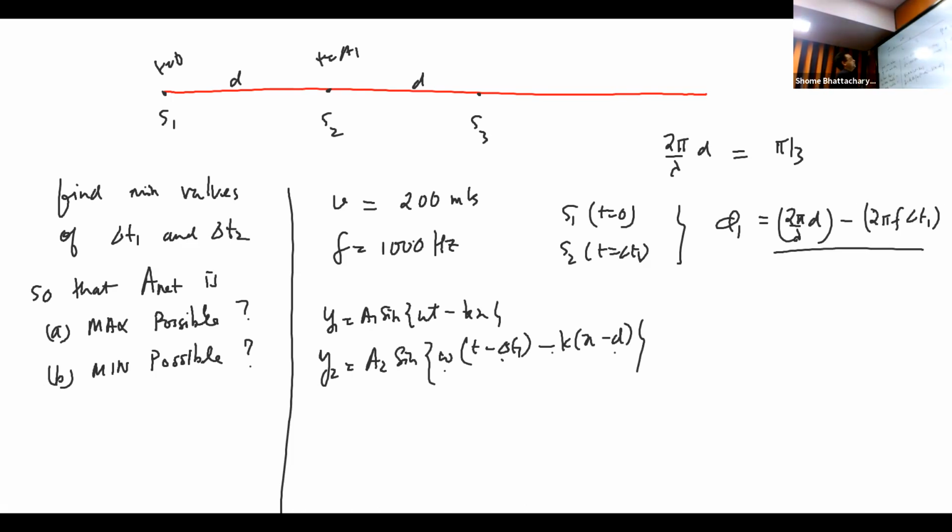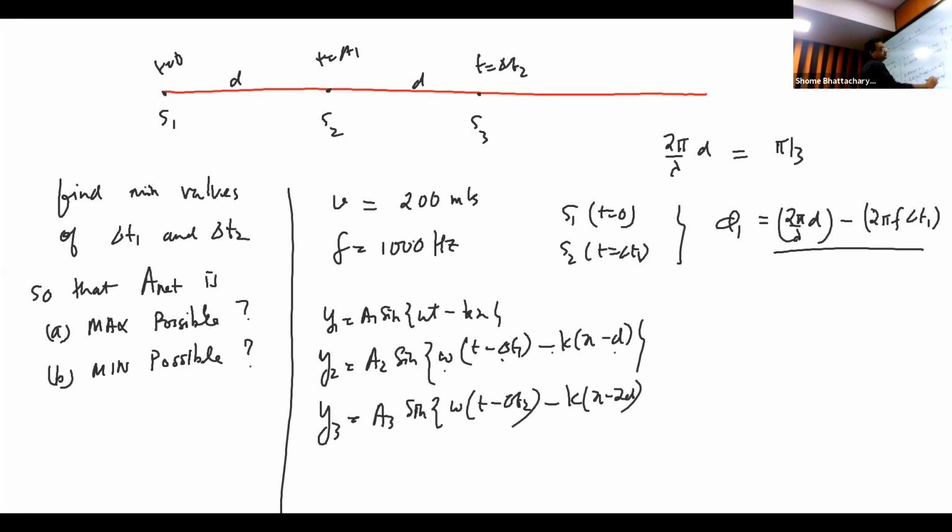Like that, now if this one is started at delta T2, this one's equation will become omega into t minus delta T2 minus k into x minus 2d.